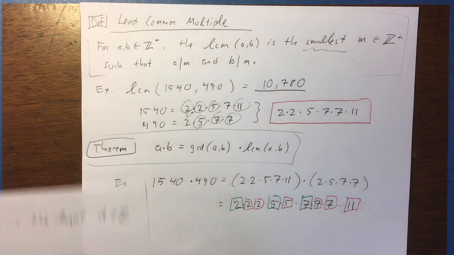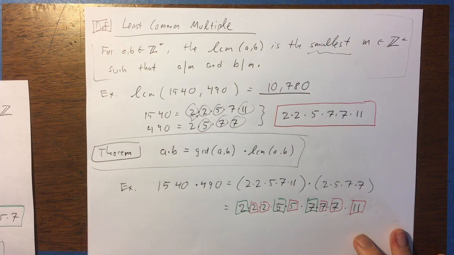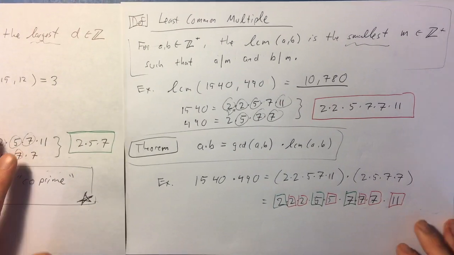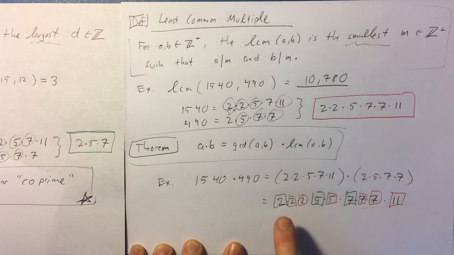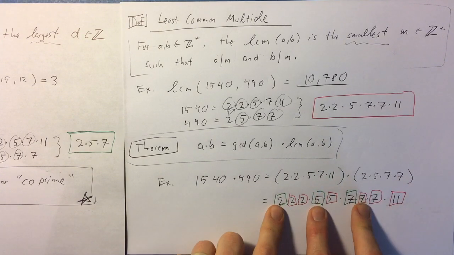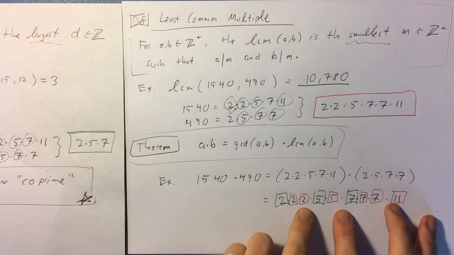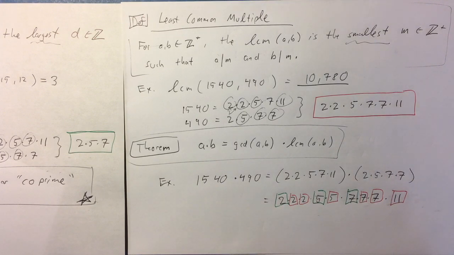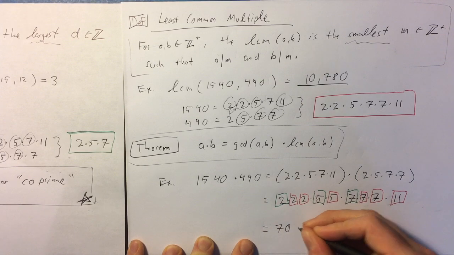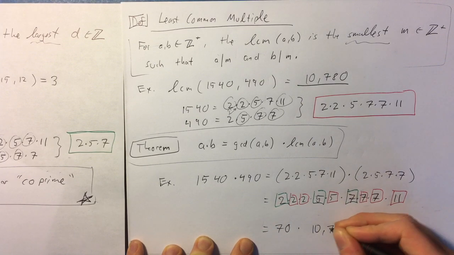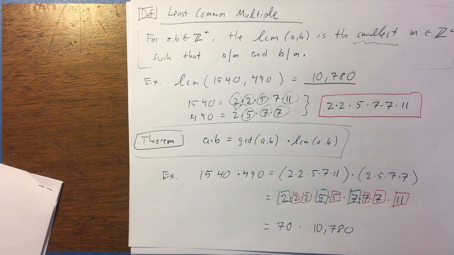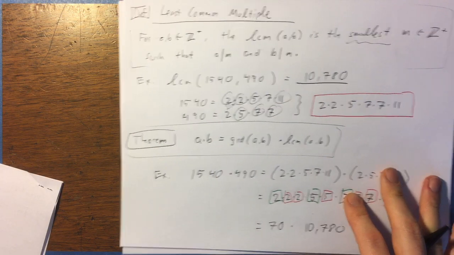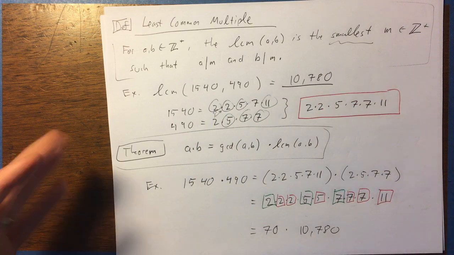As you can see, and this is not a proof by any means, just an example, in the product of these two numbers we have the entire greatest common divisor in green, and the entire least common multiple in red. So that can be written as 70 times 10,780. And that proves it. Or, no, it doesn't prove it. It's just one example, but that does demonstrate it.